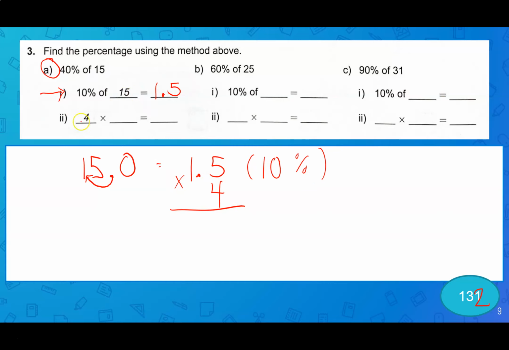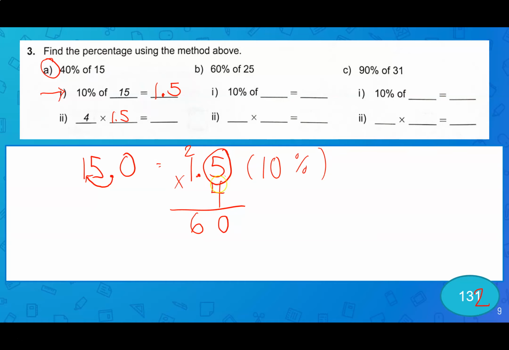So here you can see they filled this in for you. 4 times 1.5 equals, you could do this in your head, or you can do it the long way. So 5 times 4 is 20. We're going to go ahead and write our 0. Carry the 2. Just ignore the decimal for now. 4 times 1 is 4, plus 2 is 6. Our question has 1 decimal place.